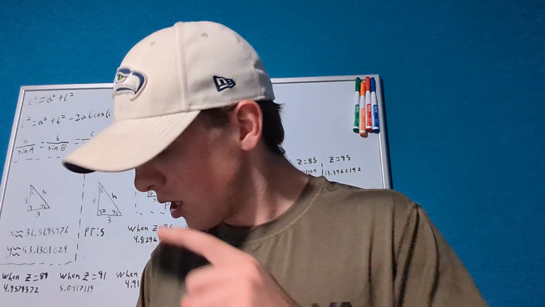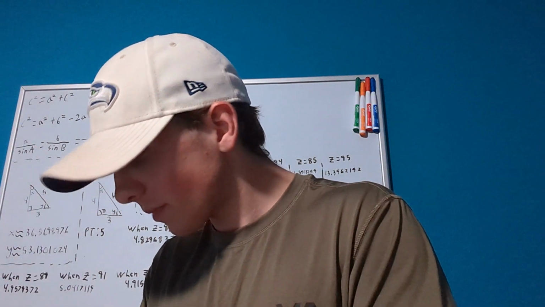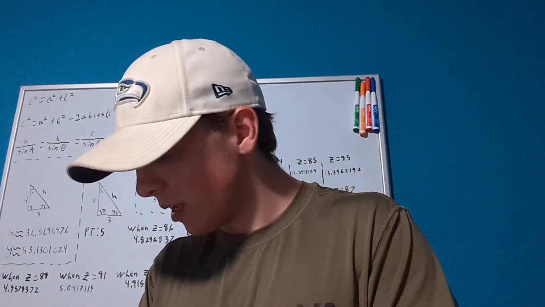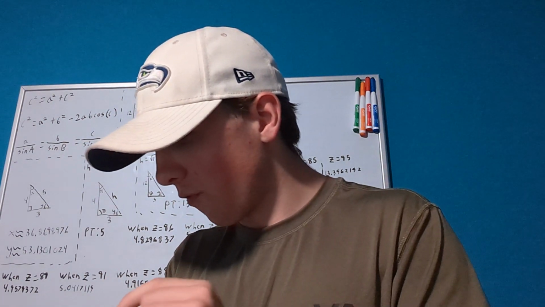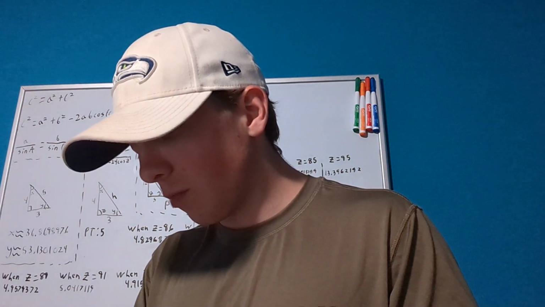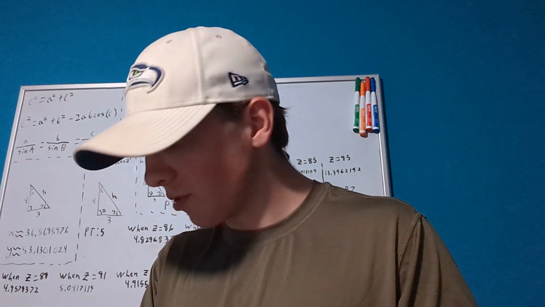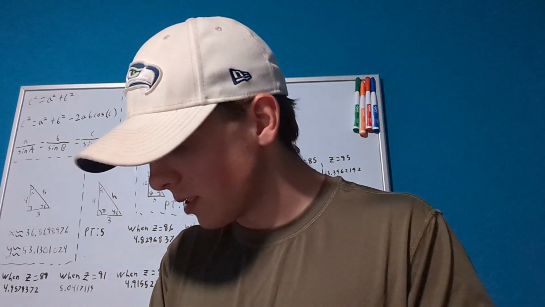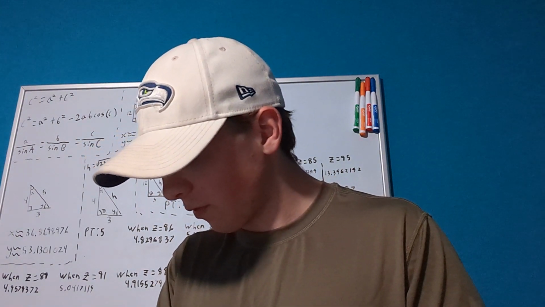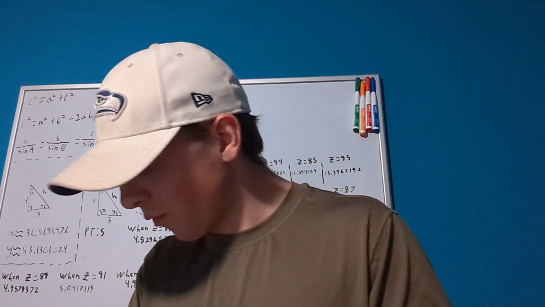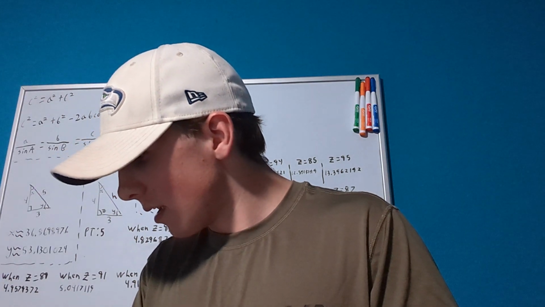So we only have one change. Then if we look at going up, if we go from 91 to 92, it increases by 44 thousandths. Then 92 to 93, 41 thousandths. Same thing again for 43 to 44. Then if you go from 44 to 45, it increases again by 40 thousandths.